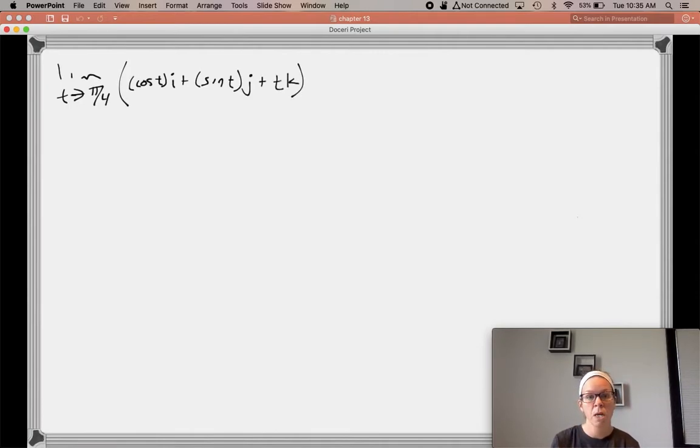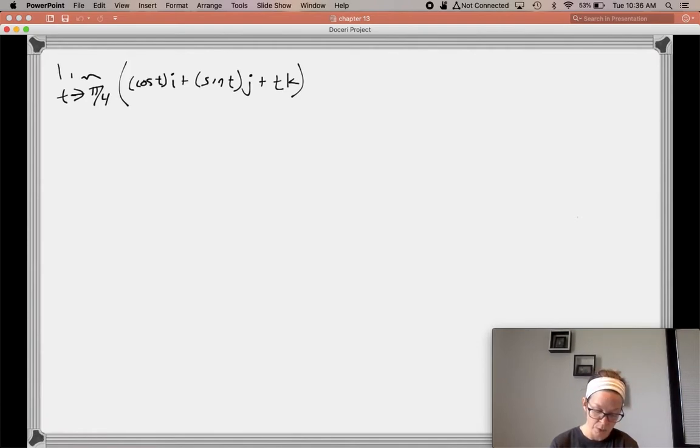To take our limit here, we're going to take our limit piece by piece of the vector. So our first strategy of limits was just try to plug in the number. And if you can plug it in and there's no problem, then that's your answer. If we run into a problem like 0 over 0, then we would need to maybe consider L'Hopital's rule or one of our other limit strategies.